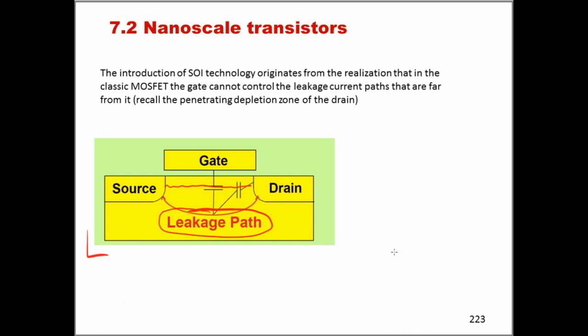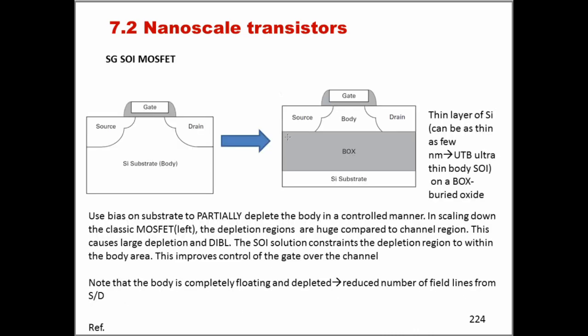So the idea behind the SOI technology is basically represented by this diagram here. As you can see, the transistor now is effectively this part here only, and is effectively built on a substrate that can be anything, for example silicon, but has on top an oxide.